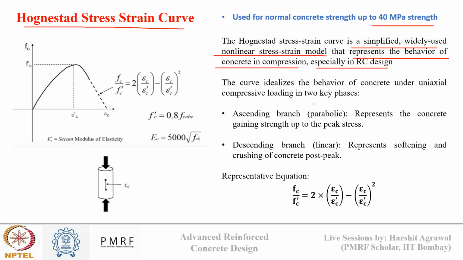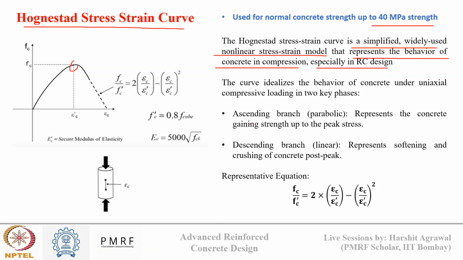Okay. Now, why is this widely used? Because it idealizes the behavior of concrete before yielding and after yielding. Okay, like it idealizes the behavior under axial compression in two key phases.